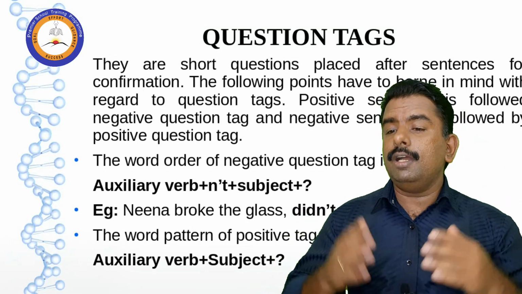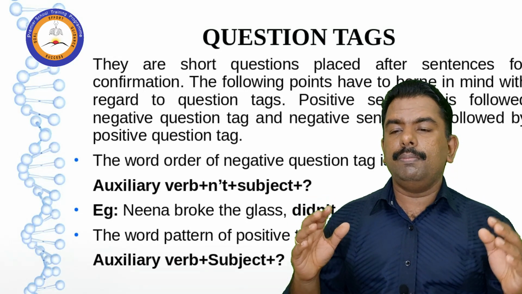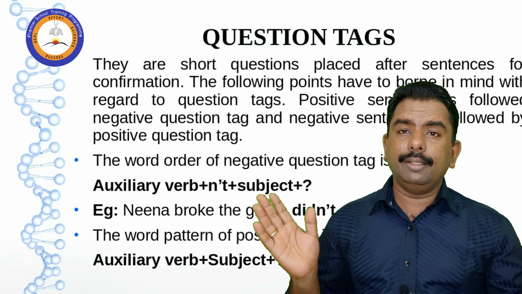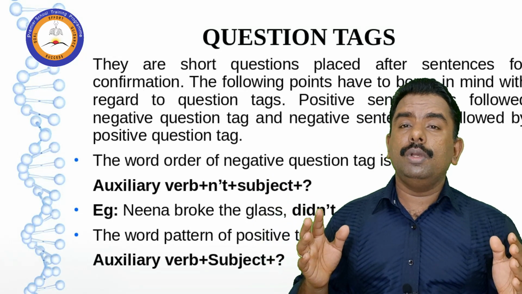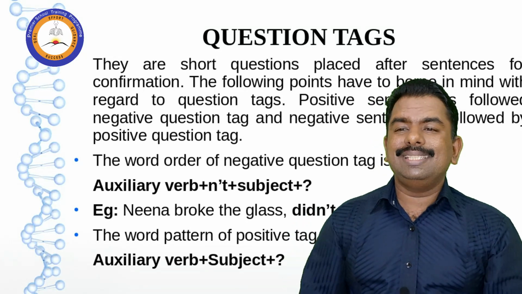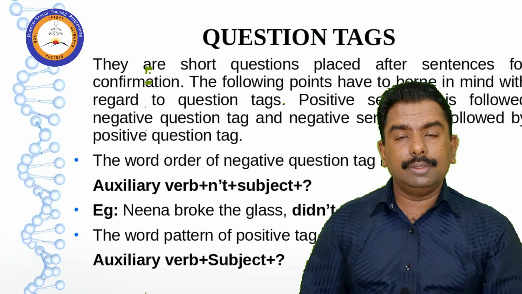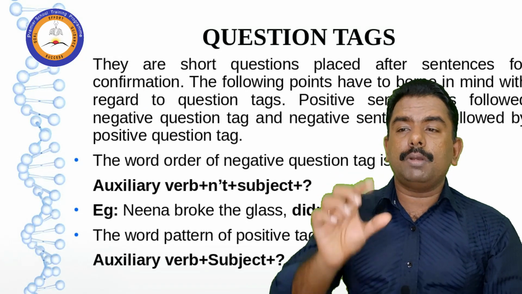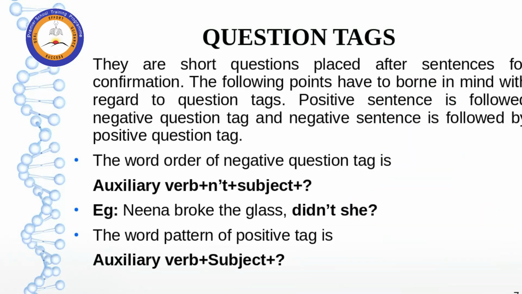Next, the word pattern of a positive tag is auxiliary verb plus subject plus question mark. No need of adding not, because if the sentence is negative, we have to create a positive tag. The subject of a question tag is always a pronoun, not a noun. You have to keep that in mind. Question tag in the subject എപ്പോഴും pronoun ആയിരിക്കും. ആ കാര്യം മറന്നു പോകരുത്. Noun അല്ല എന്ന കാര്യം ഓർത്തിരിക്കണം.